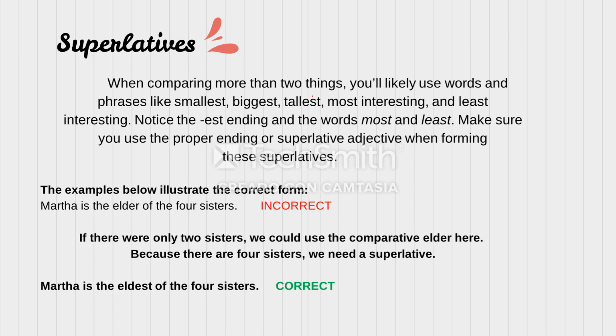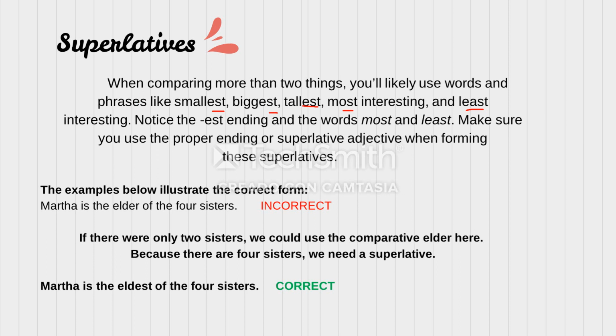Make sure you use the proper ending or superlative adjective when forming these superlatives. Instead of adding er, you're going to add est when making the superlative: smallest, biggest, and tallest. And instead of using more, you're going to use most. And instead of using less, you're going to use least. Okay?